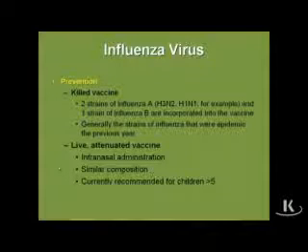Prevention for influenza is we actually now have two vaccines. The predominant one still is the killed vaccine, where we're going to take two strains of influenza A that were predominant from the year before. We're going to take one strain of influenza B that was predominant from the year before, and we're going to put those into the vaccine for the next year.